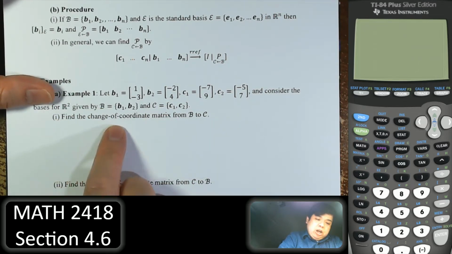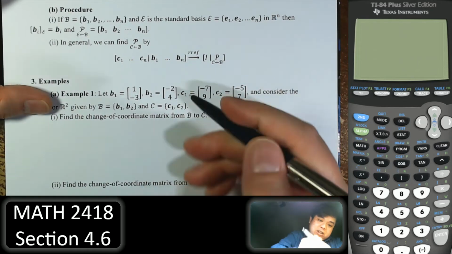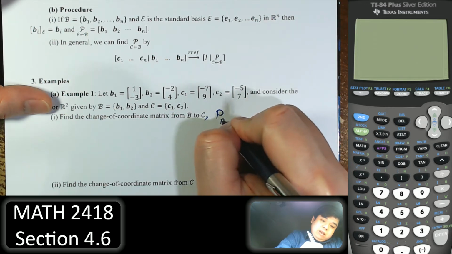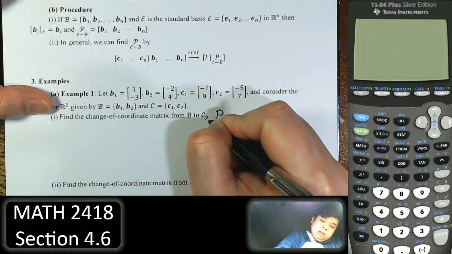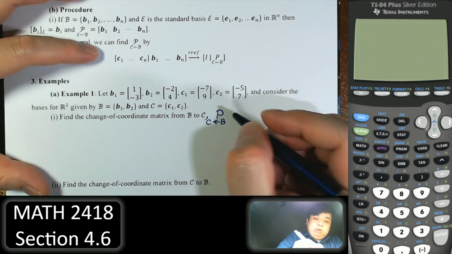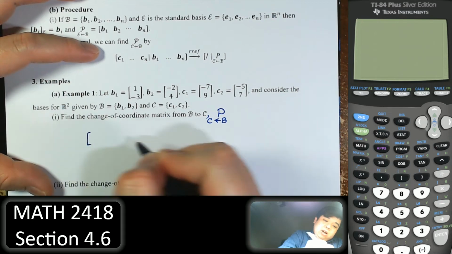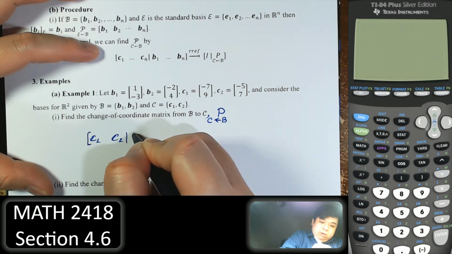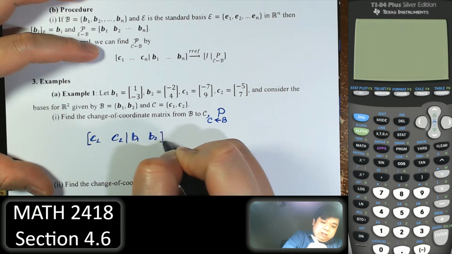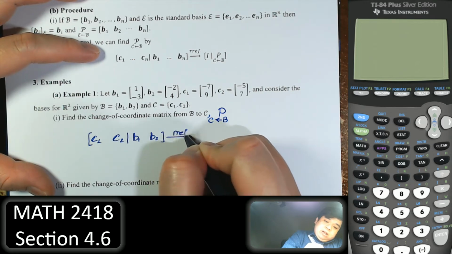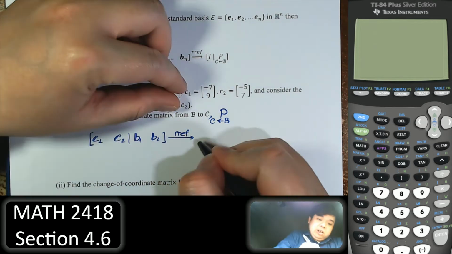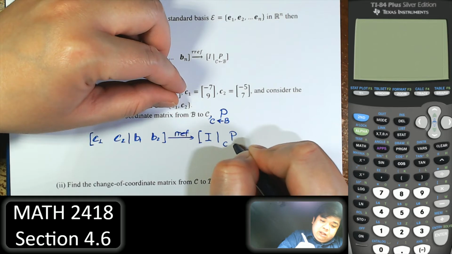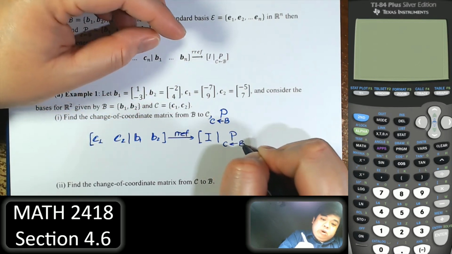Now find the change of coordinate matrix from B to C. So that is P from B to C. To find that, of course, we're going to put C on the left, C1, C2, and then B1, B2 on the right. When we do reduced row echelon form, the left hand side will be the identity matrix, and the right hand side will be P, the change of coordinates from B to C.